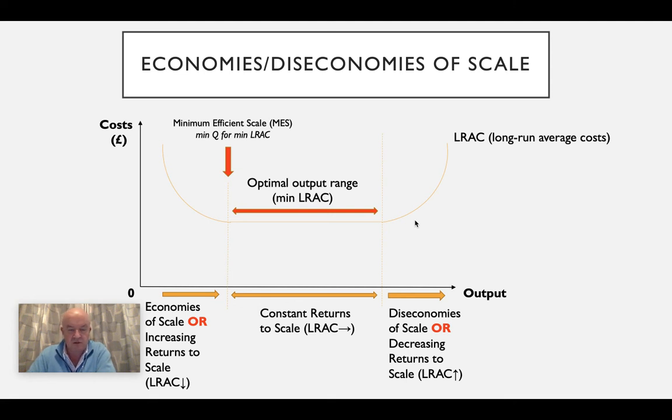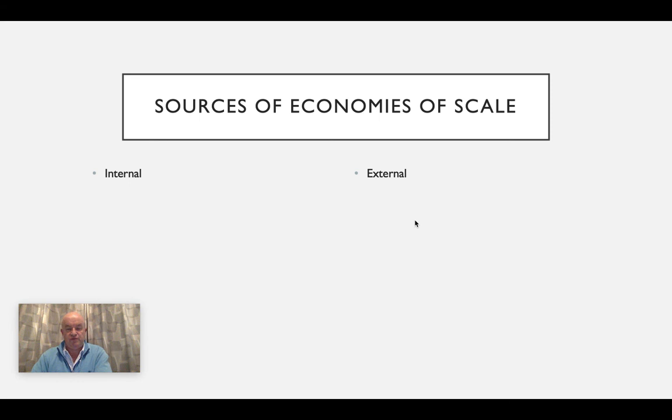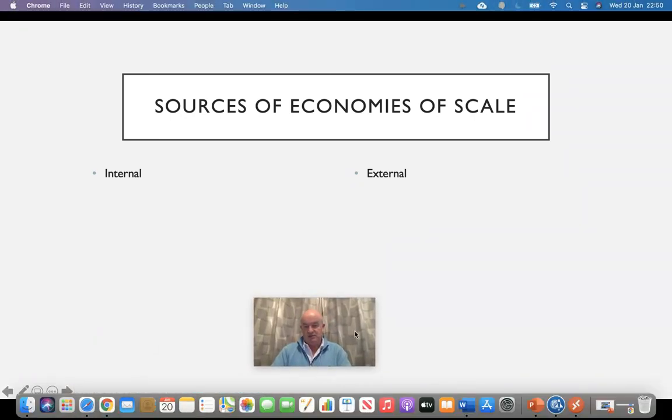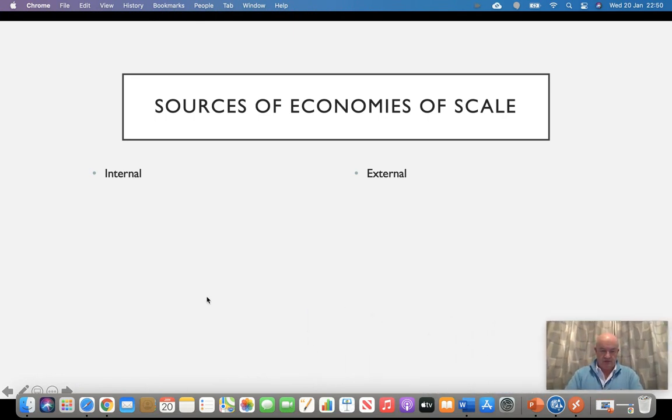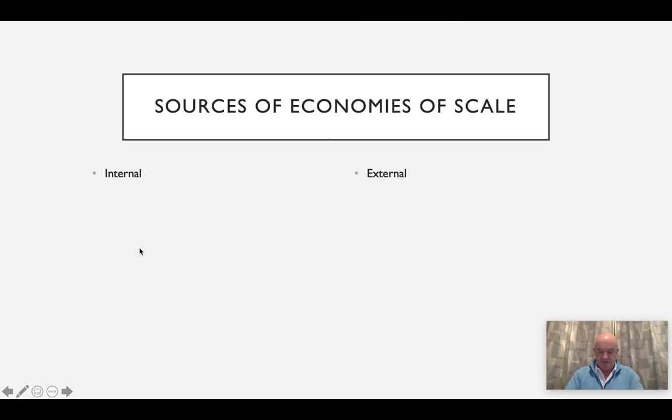Okay, so let's take a look at the sources of economies of scale then, and fundamentally it's about how we reduce the cost of production, the long run average cost of production, by benefiting from certain economies of scale. So we might be able to benefit from technical economies of scale.